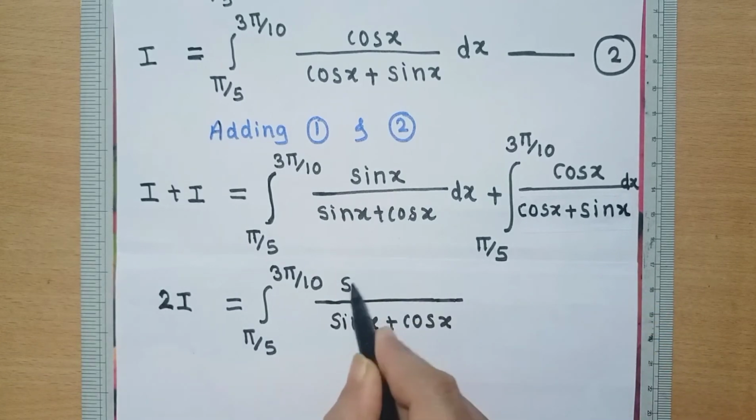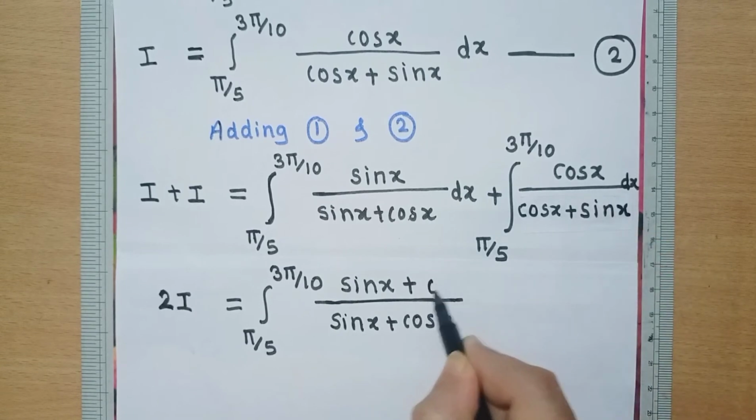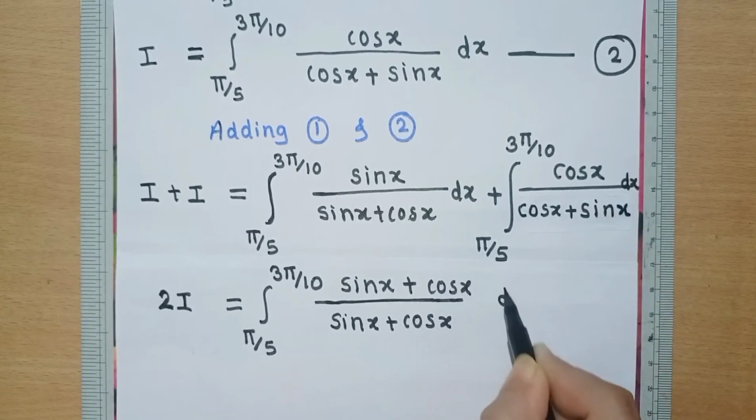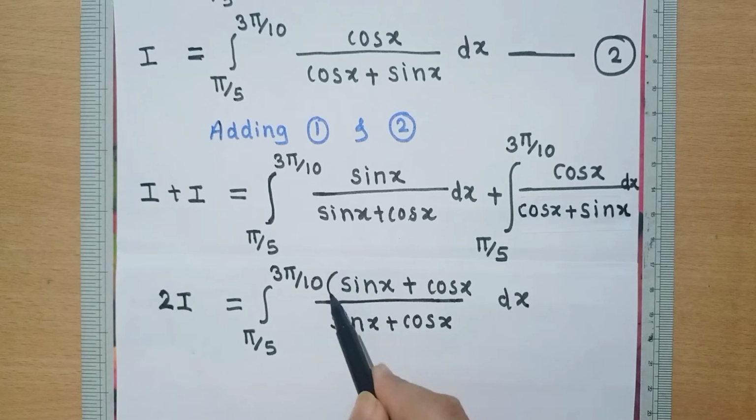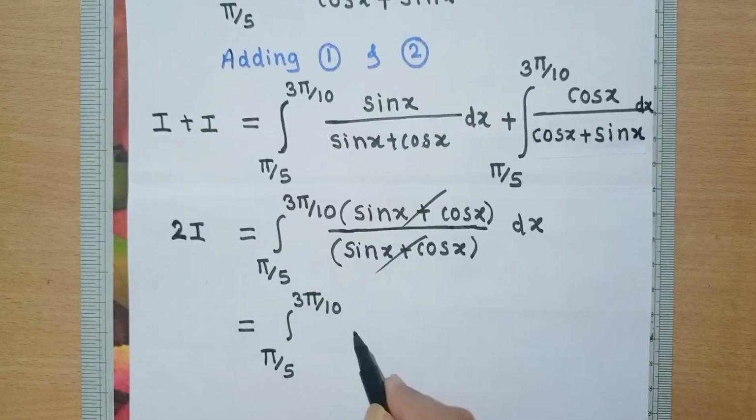So this is sin x, then the middle sign plus, and then cos x, dx. Check, this is the same numerator and denominator, so this gets cancelled and simply 1 remains.